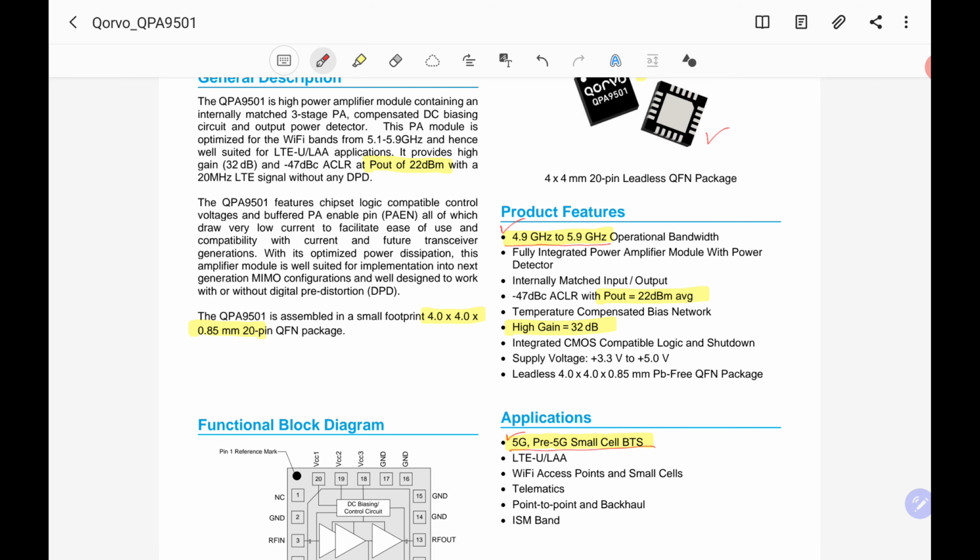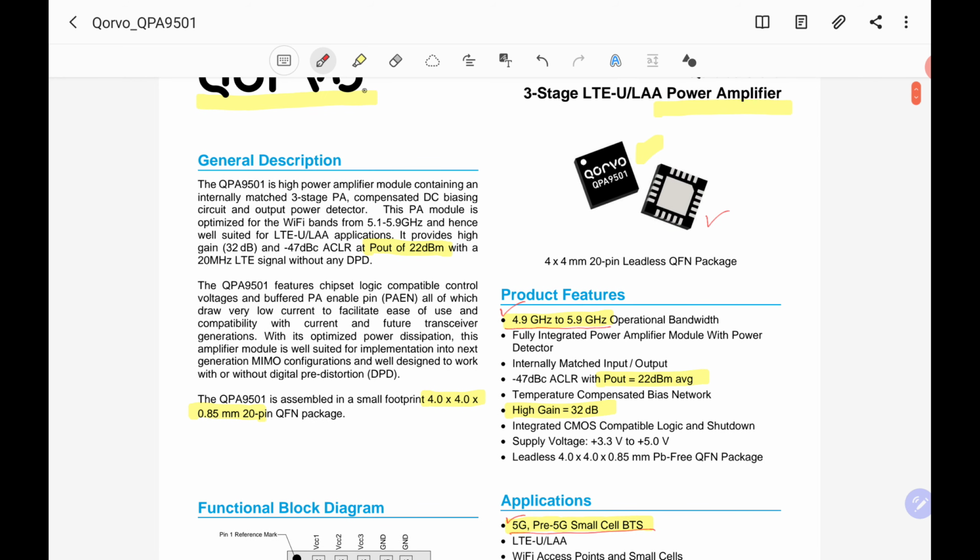So this amplifier is really used in 5G cell phones. If you see this kind of power amplifier, as I said, they talk about gain. When they talk about gain, they say 32 dB. So what does it mean? This is more than 1000, right? 10 to the 3. And then P out, when they talk about P out, the absolute output power of this PA, they use the dBm scale, right?